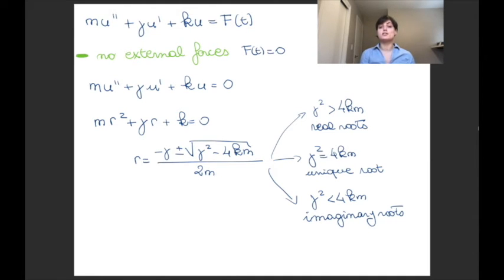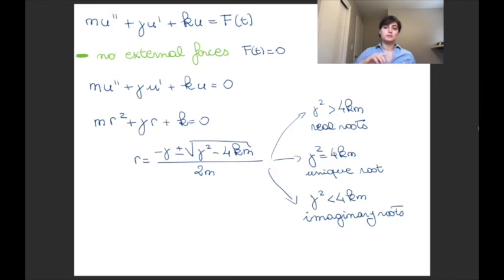If gamma squared is bigger than 4km, we have two real roots. If gamma squared is equal to 4km, we have one unique root. And if we have gamma squared smaller than 4km, we have imaginary roots. What are these three options? The first one is gamma squared being very big, so the dampening effect is very strong.